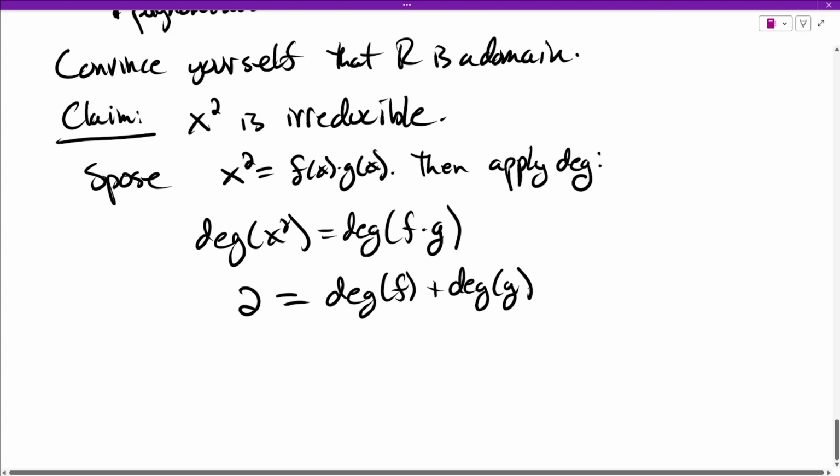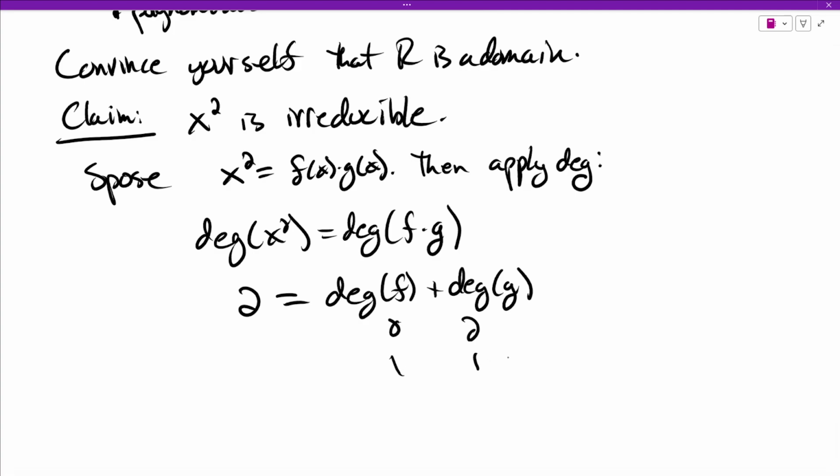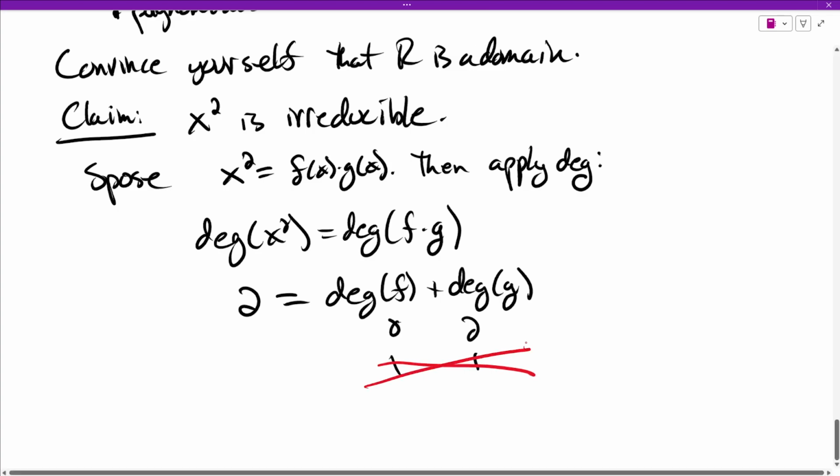So the degree of f and the degree of g, whatever they are, have to add to 2. Well, there's only a handful of choices up to order. There's 0 and 2, and there's 1 and 1. But our ring here doesn't have any polynomials of degree 1. We explicitly have excluded polynomials without a linear term. So this cannot happen.